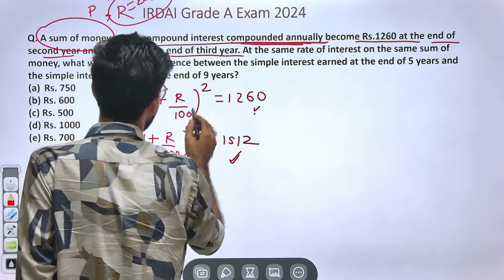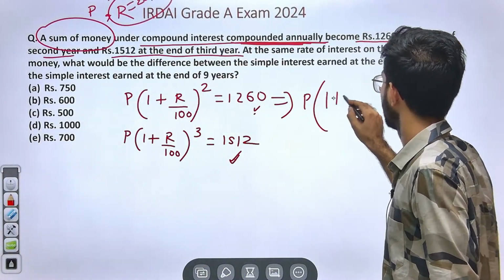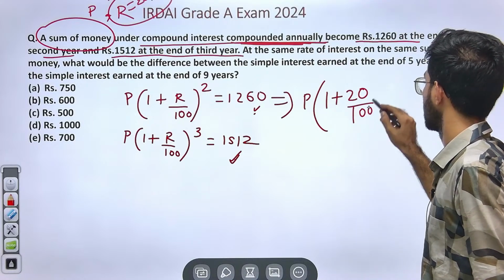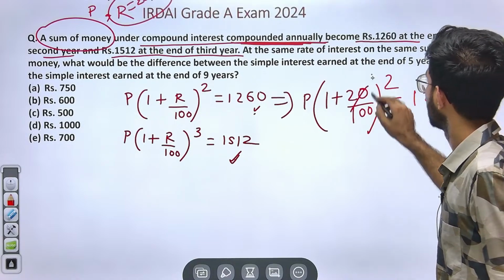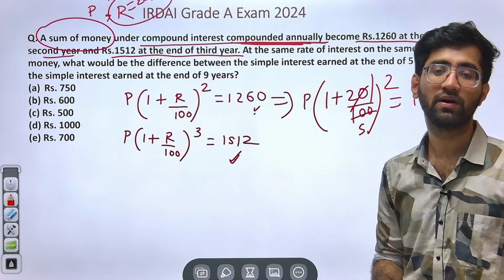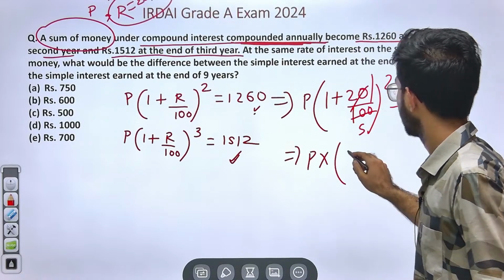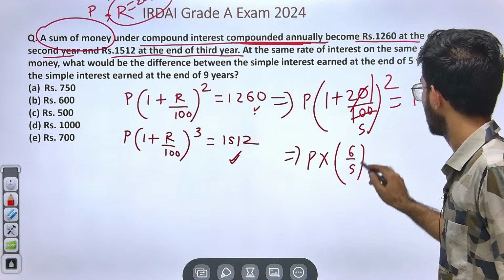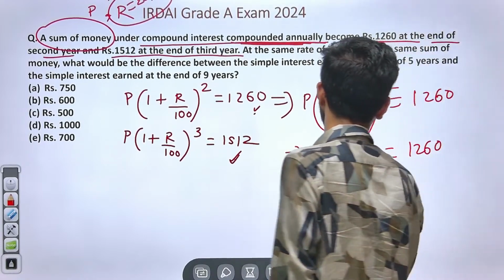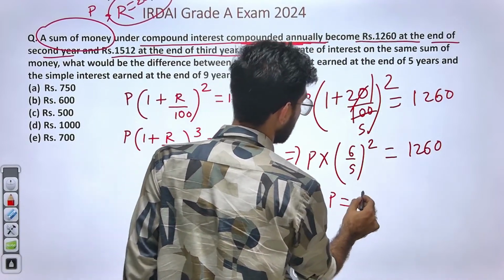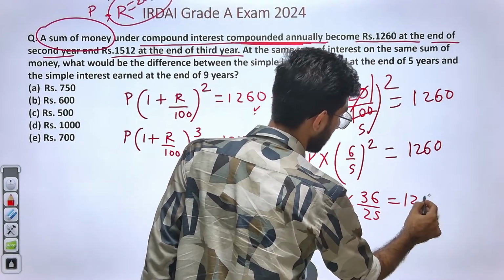That if you put the value of r in this equation, you can write p into 1 plus 20 by 100, to the power 2, is equal to 1260. 20 into 1, 20 into 5. So basically this is equal to p into 1 plus 1 by 5. If you solve it further, p into 6 by 5 to the power 2 is equal to 1260. So basically this is equal to p into 36 by 25 equal to 1260.